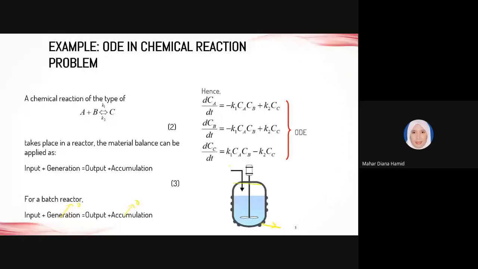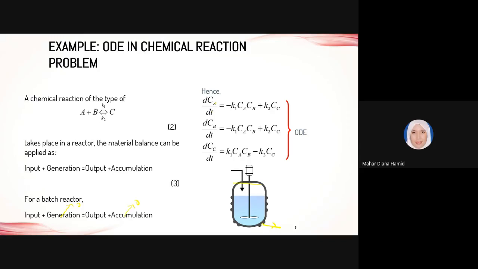If we try to do a material balance or mass balance of that particular reactor, we will get 3 ODEs, 3 ordinary differential equations, where we're going to see the rate of change of substance A with respect to time.